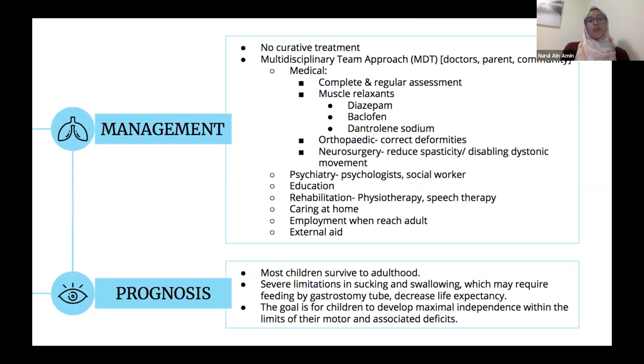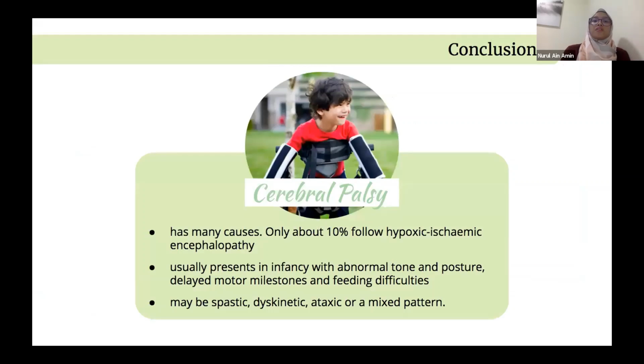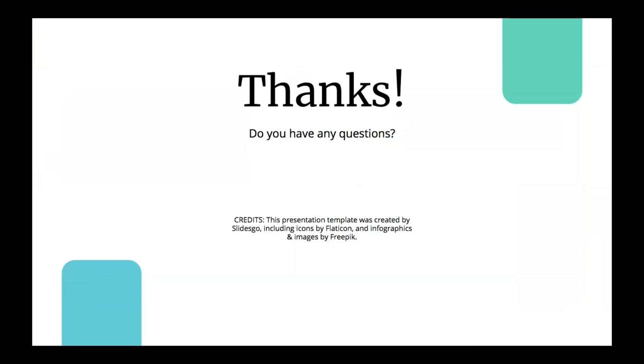So basically we try to make the children be independent, even with their developmental delay or their limited movement, and help them adapt to their condition. So in conclusion, cerebral palsy has many causes, it usually presents in infancy, and it could be spastic, dyskinetic, ataxic, or a mixed pattern. And these are my references, and that's the end.